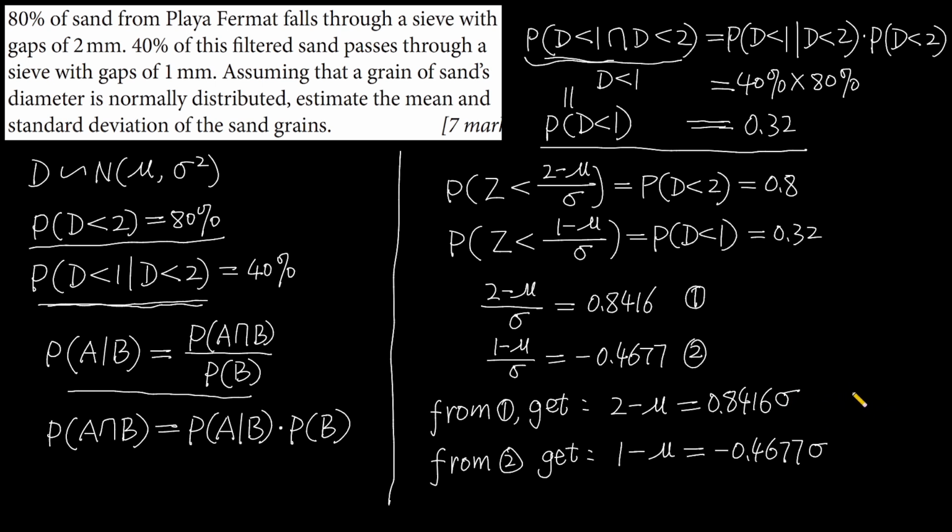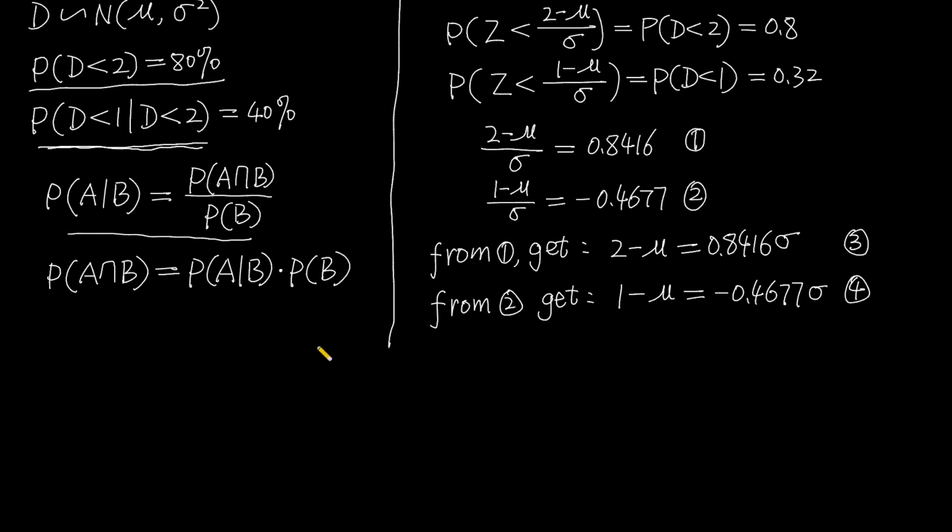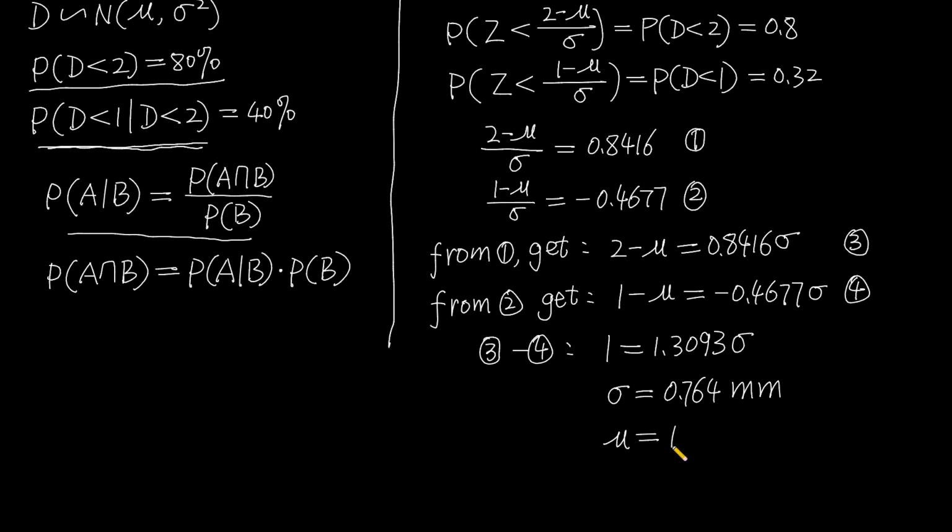And this is equation 3, 4. Now use 3 minus 4, we get 1 equals 1.3093 multiply standard deviation. So we get the standard deviation equals 0.764 millimeter. And then we can get the mean mu equals 1.357 millimeter.